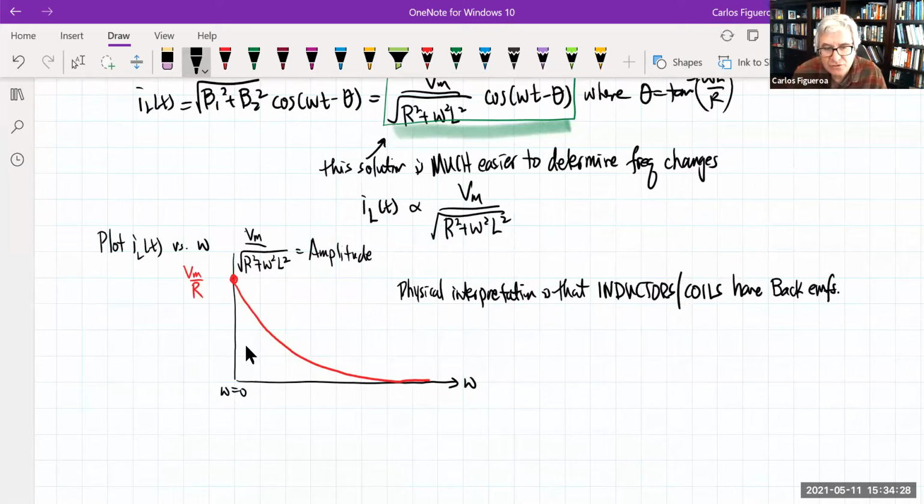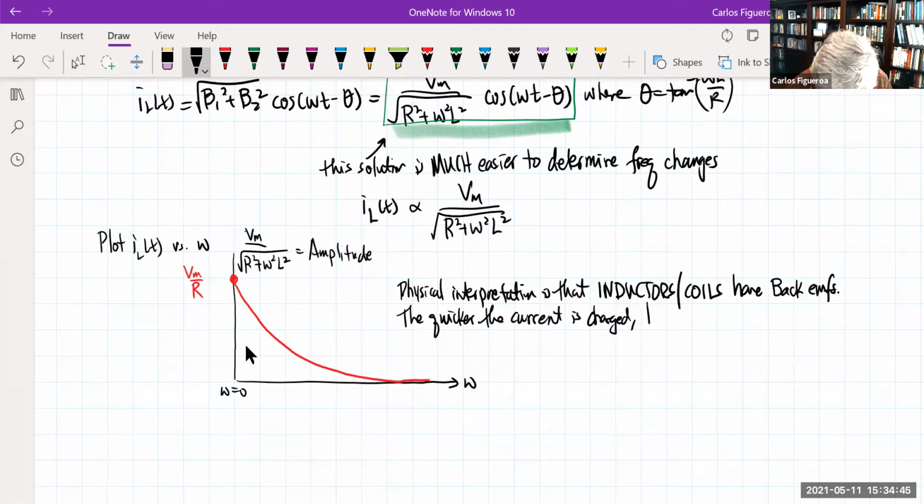They have an induced voltage here. So the quicker the current is changed, the larger the back EMF.